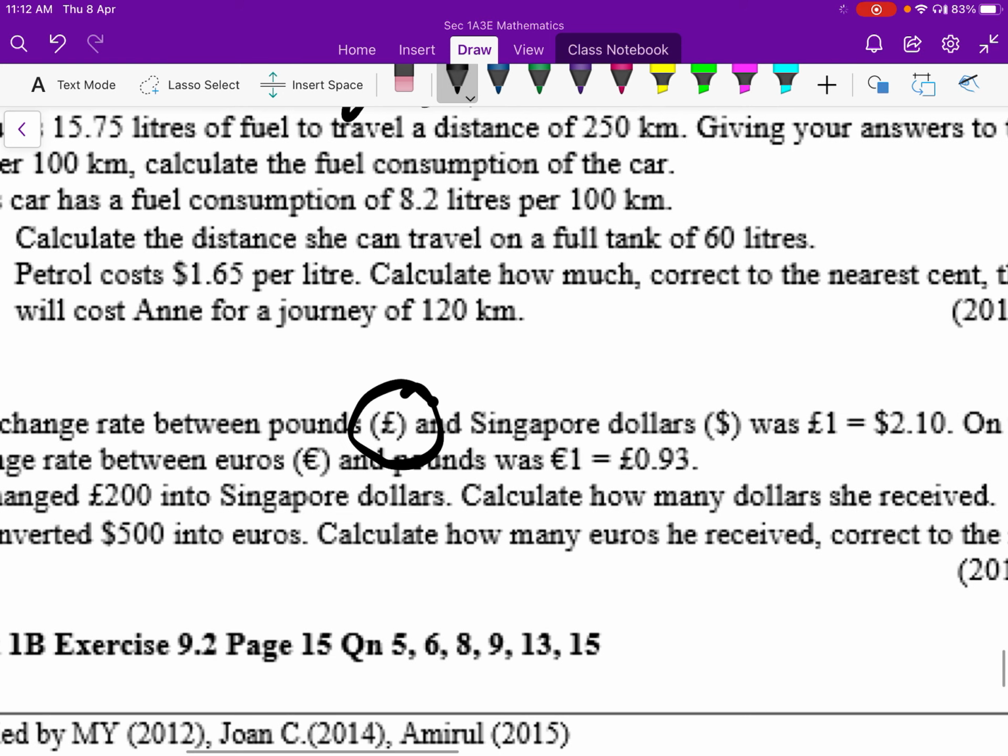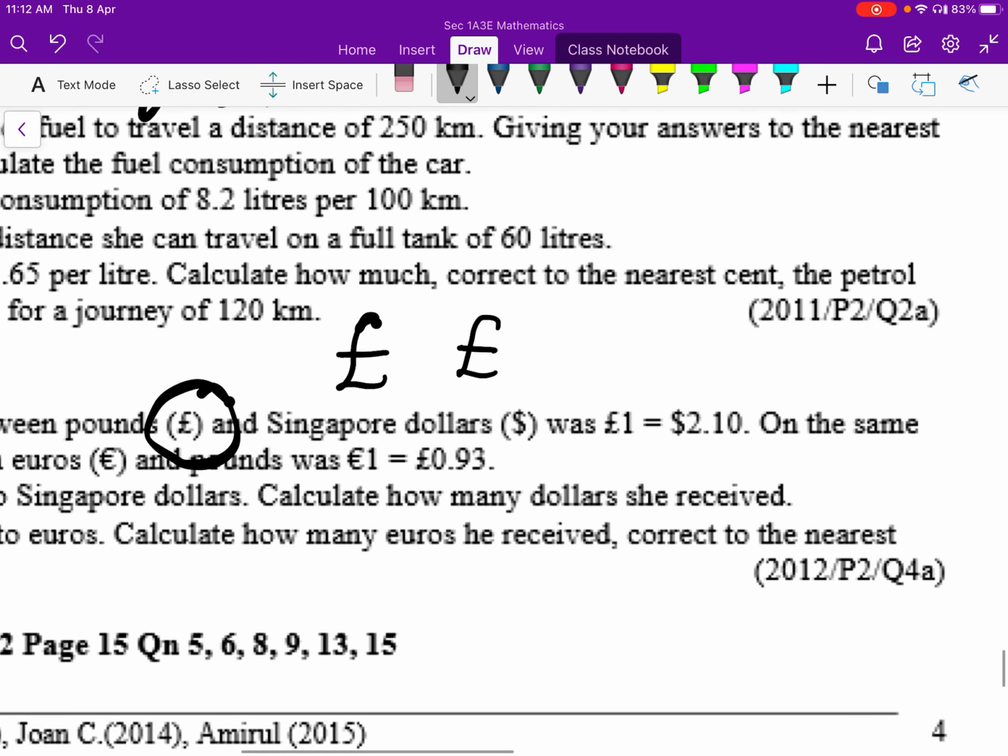You write it this way, you practice like this. Like this, pounds. How about euro? Sometimes they'll ask you about euro. This is euro. Euro is just like this. So these are some that you need to know how to write.